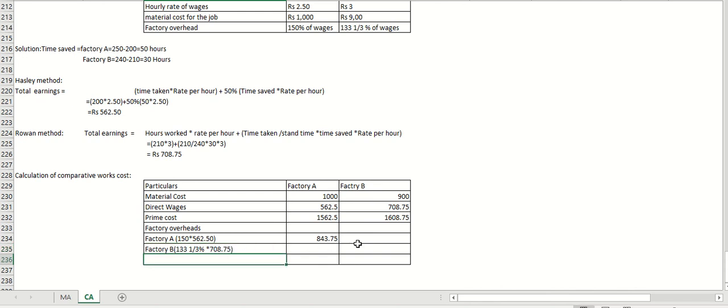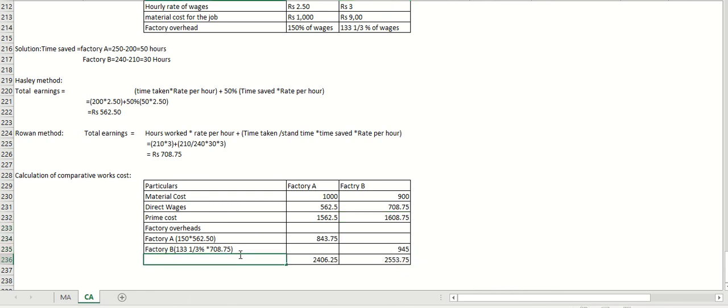So you get the amount to be 945 rupees. Now if we total up, we get our factory cost to be 2406.25 and 2533.75.